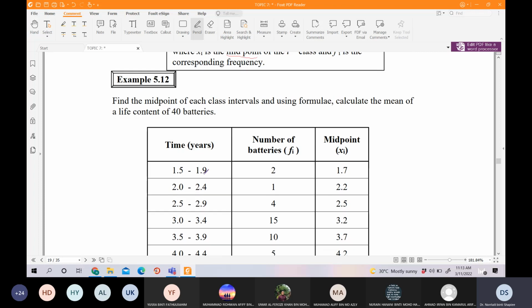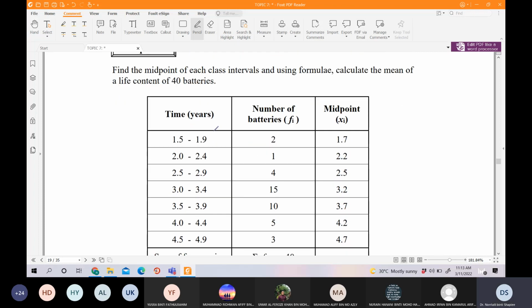So this one is our class interval ataupun class limit ke class interval ni? What do you think? Ainul Syamina.